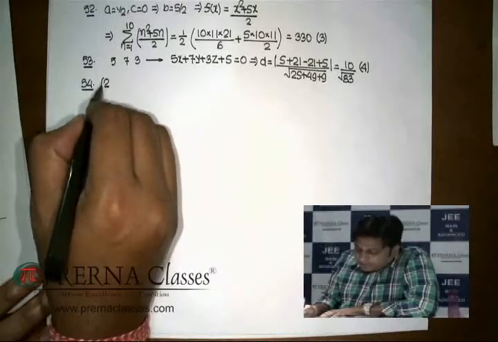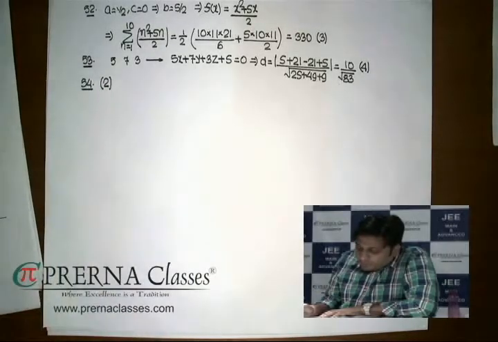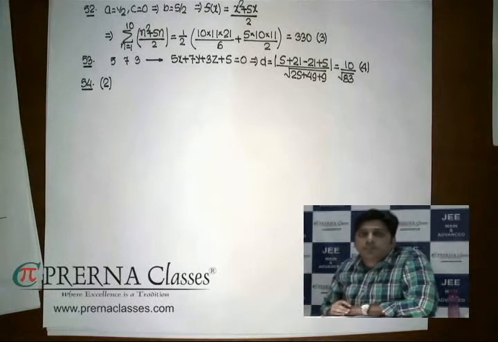For any other value of B which is not 1, we are going to have solution. Therefore, that set is a singleton. Option 2 then is going to be the correct answer for this question.